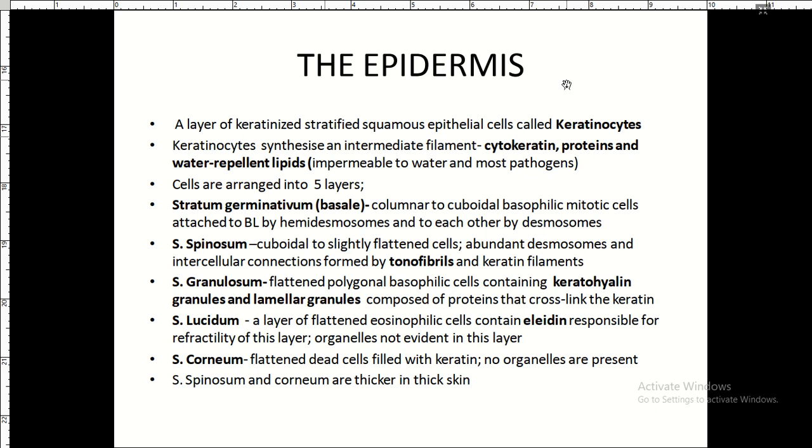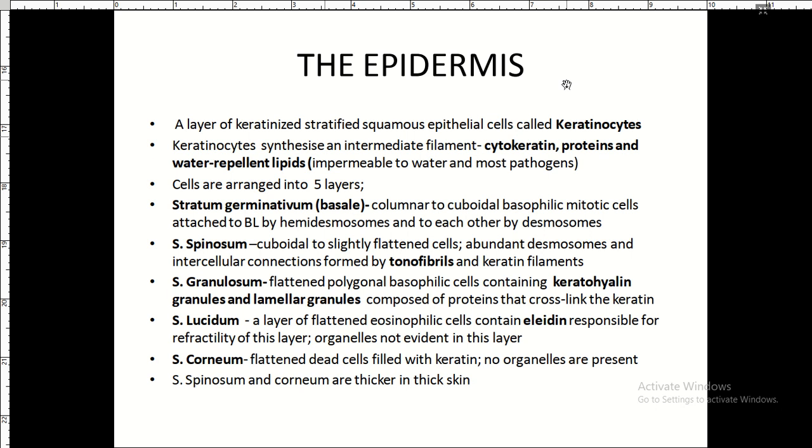That's why it is very important, because the skin provides the waterproof mechanism. This epidermis is typically arranged in 5 layers.